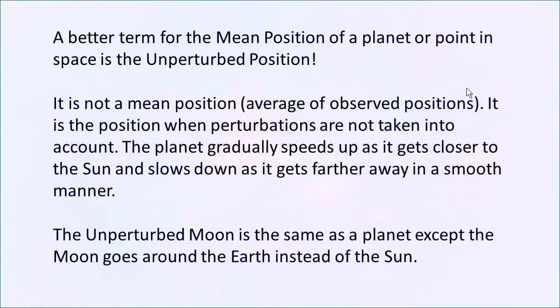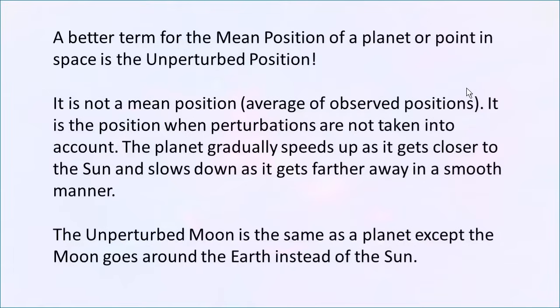The reason I'm not fond of the term mean position is because mean means average. And to me it implies, and not just to me, because I've heard astrologers say this and get confused about it and wondering what's going on. And they'll ask questions like, is the mean position of the node mean over what time period? Well, the mean position is not calculated from observations.